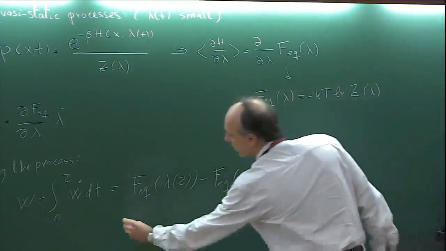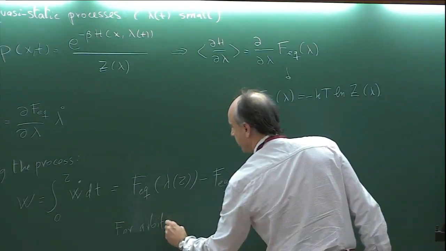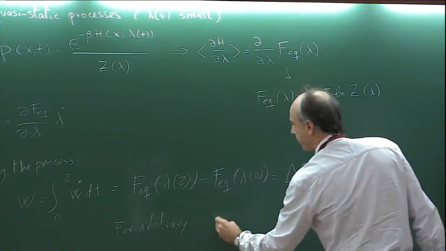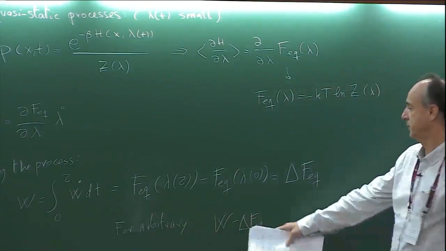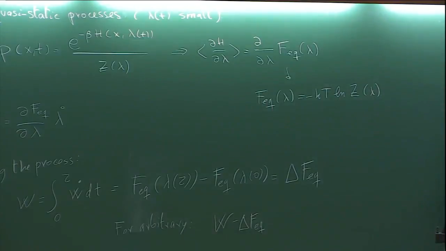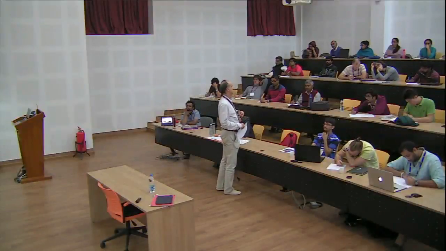For arbitrary processes, we have that this is positive. Delta F is the smallest amount of work that you have to do to go from one state to another in some process.